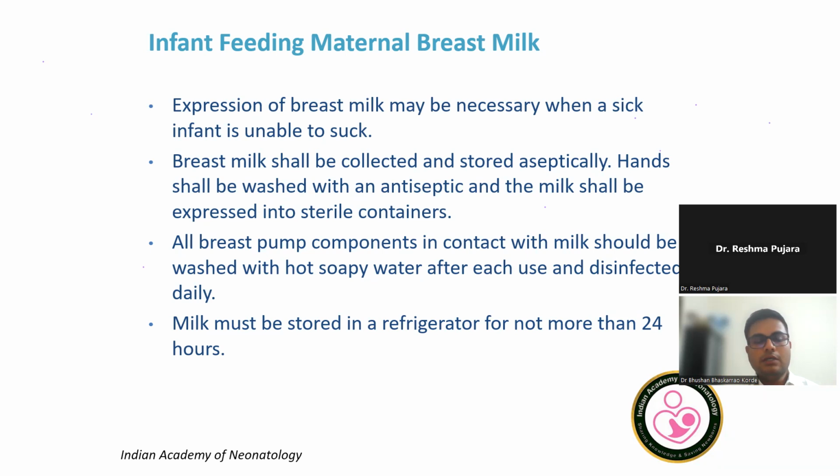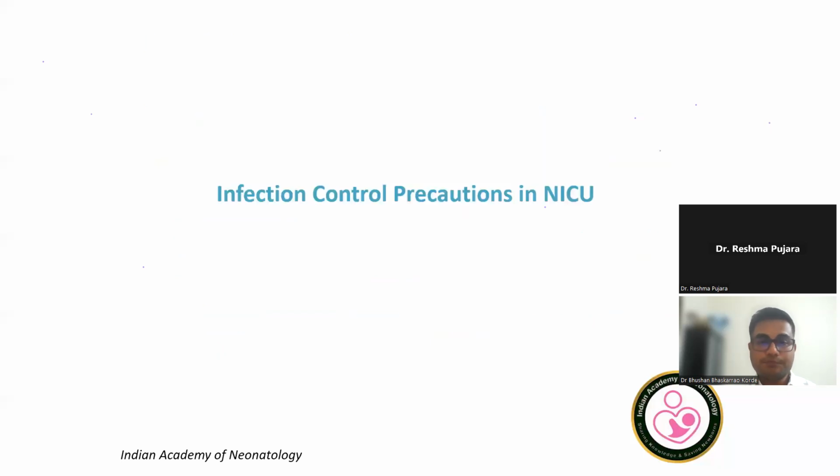Basically, the environment in which milk is being kept should also be clean, and if you are using a breast pump, the components and all the containers should be washed with soap water and disinfected on a daily basis. Milk should not be stored in a refrigerator for more than 24 hours.